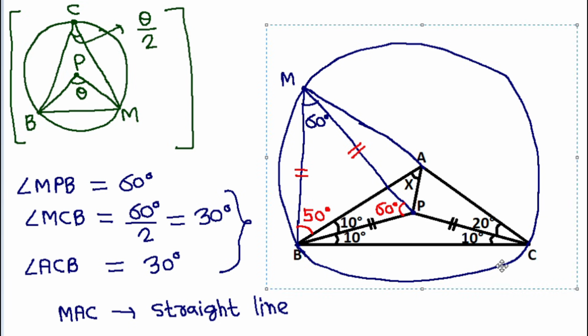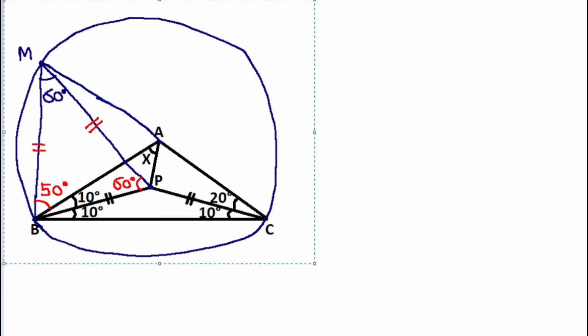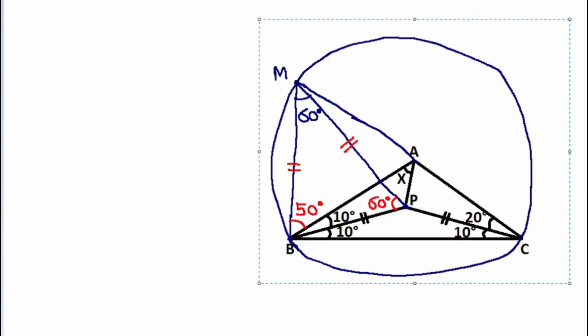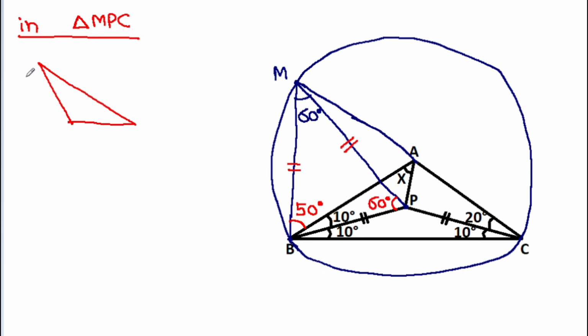And now in triangle MPC, MP and CP are equal, and this angle is 20 degrees.